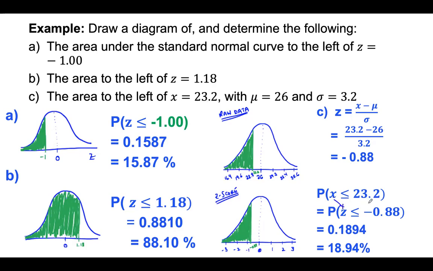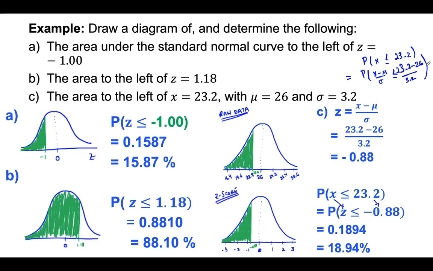This 23.2 is converted to -0.88, because let me just try to draw it and re-explain. So x is less than or equal to 23.2. If we take x minus our mean divided by our standard deviation, we know from inequalities from high school mathematics, it's going to be 23.2 minus that mean of 26 divided by 3.2.